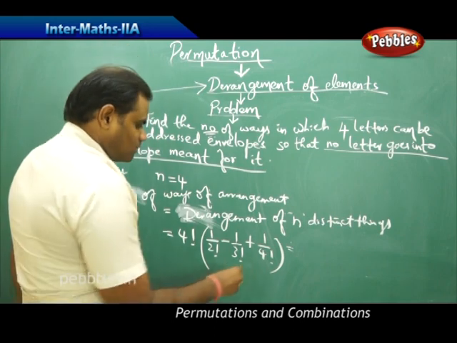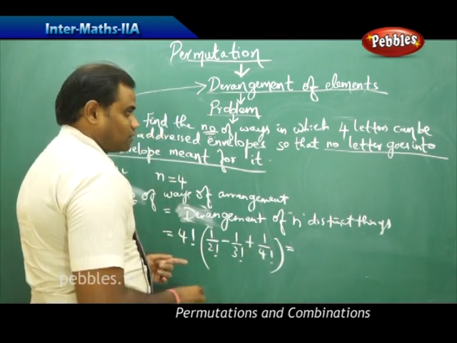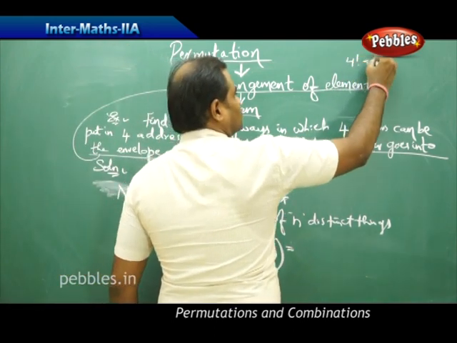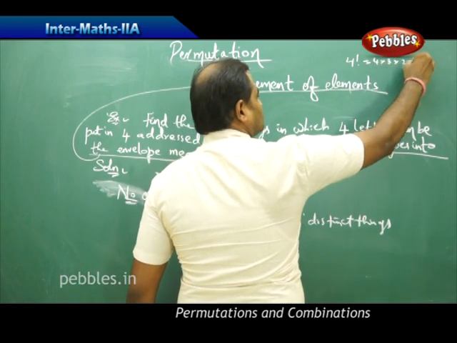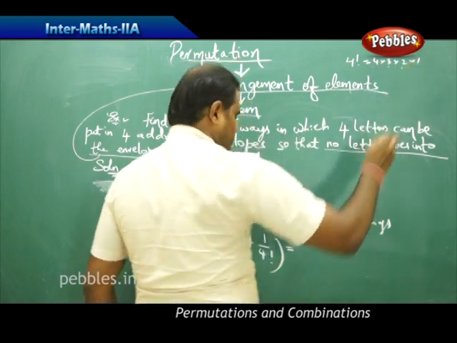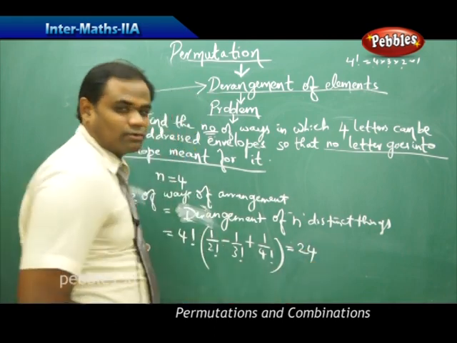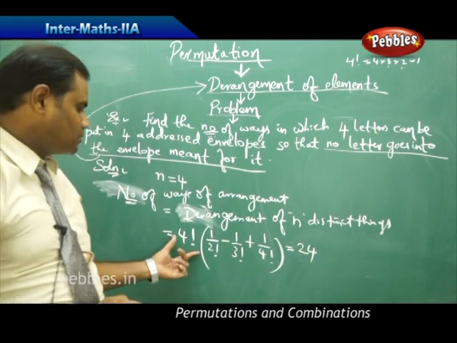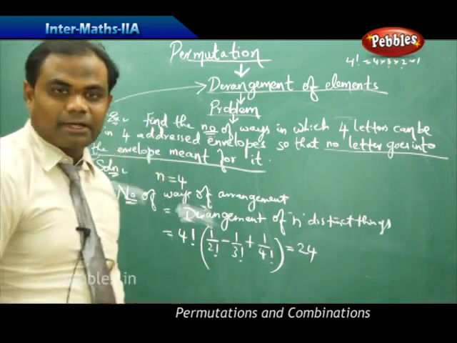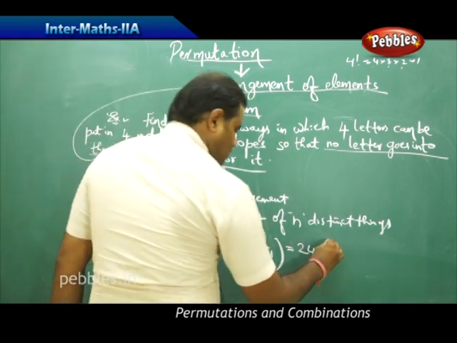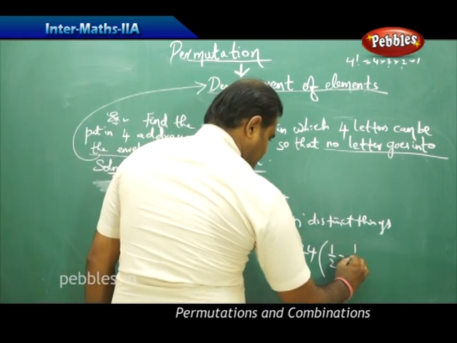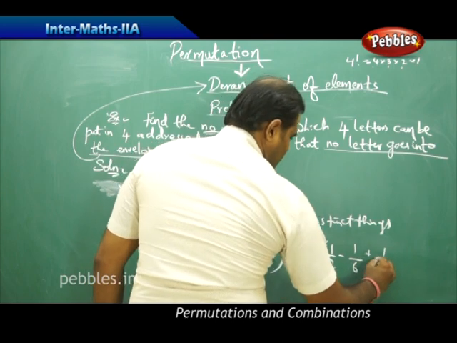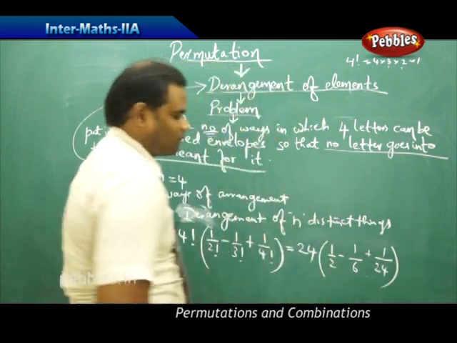Therefore, on simplification, we know that 4 factorial is 4 times 3 times 2 times 1, which is 4 3s are 12, 12 2s are 24. Therefore, using the factorial definition, I can reduce this to 24. And 1 by 2 factorial is 1 by 2, 1 by 3 factorial is 1 by 6, and 1 by 4 factorial is 1 by 24.